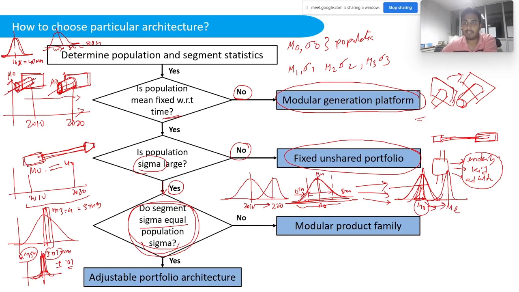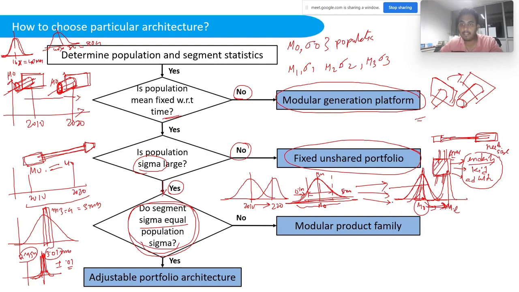If the need is the size of this particular dial, say I'm analyzing it as an area, elderly may require a larger dial size. So the mean for the elderly segment will be higher than the population mean.